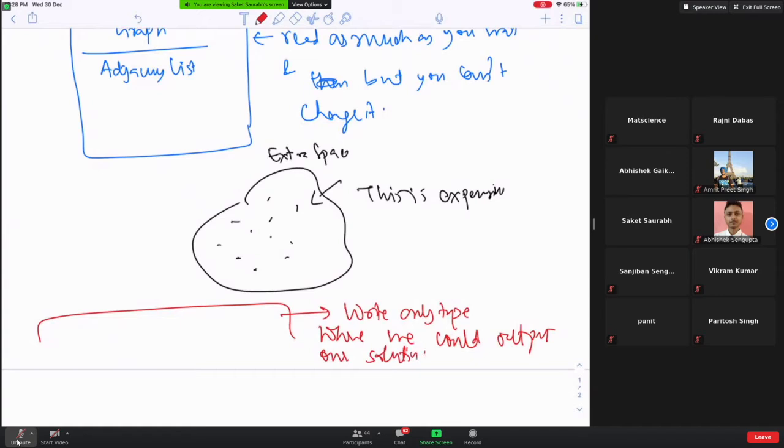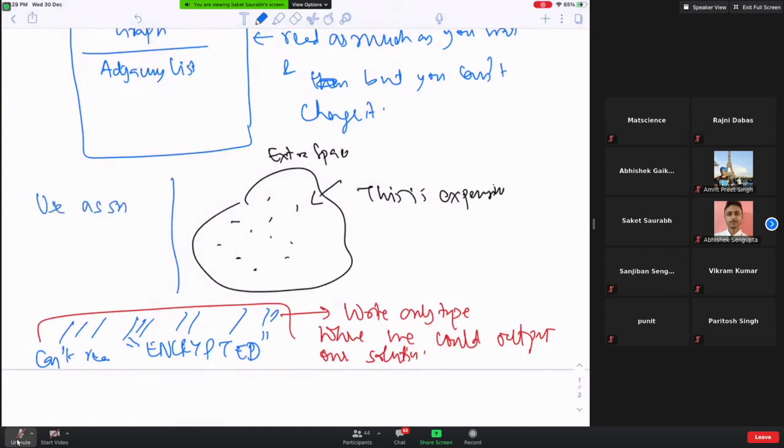You can output the solution, but you can't read it. I mean, I am writing it. This is just a model. Can't read. And our goal is to use as small space as possible.